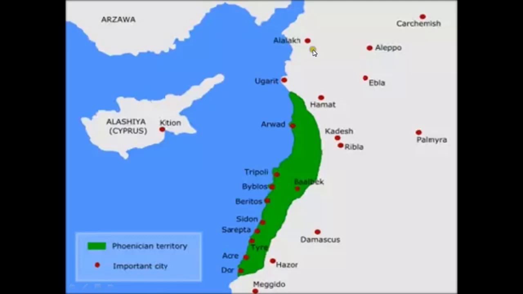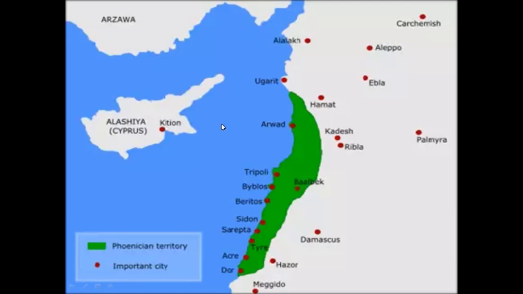These red dots are some important cities. So this is the Phoenician territory, the green part, which you can see from this map of the Phoenician Empire. This map is there on page 101.